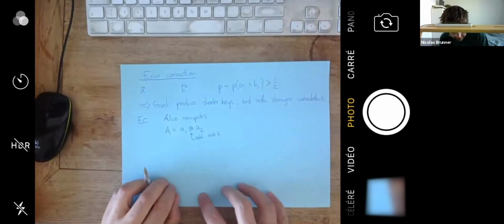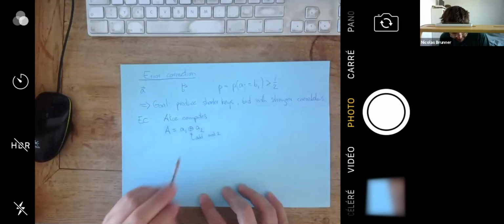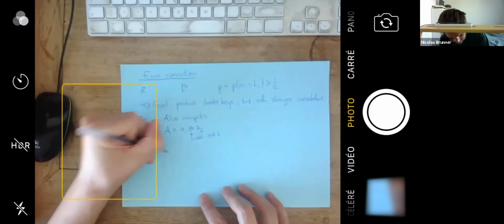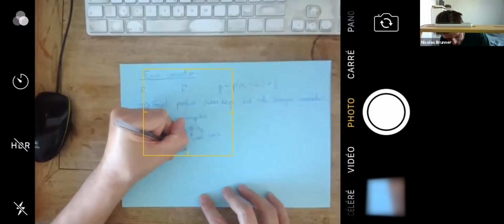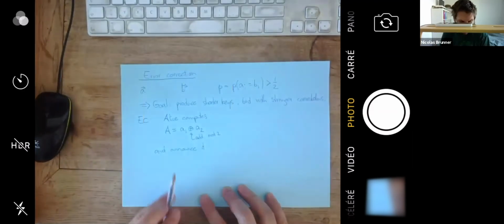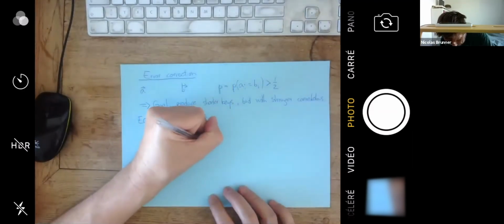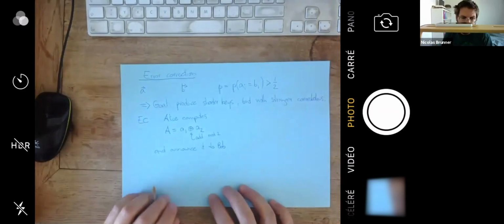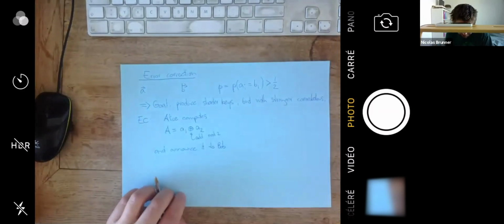Alice computes this and announces it to Bob, again on the authenticated channel.